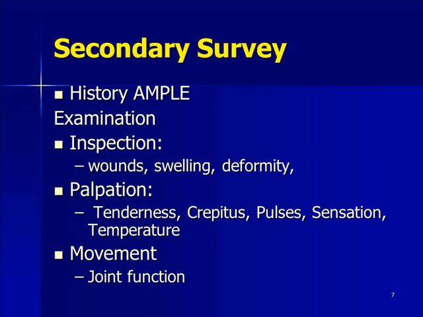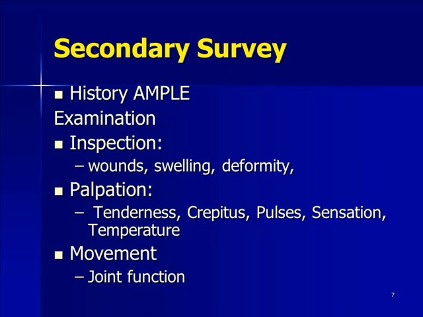In the secondary survey, we take an ample history, and then we examine the patient. In examination, on inspection, we are interested in what wounds or swellings or deformities there are. In palpation, we palpate for tenderness, for crepitus, we check pulses, sensation, and whether the limb is warm or cold.